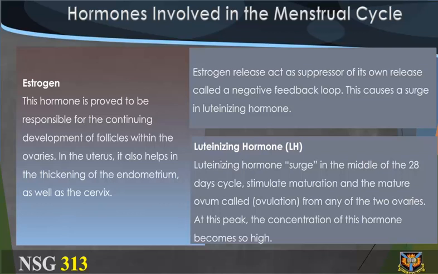Luteinizing hormone, LH. The luteinizing hormone surge in the middle of the 28-day cycle stimulates maturation and the release of the mature ovum, called ovulation, from either of the two ovaries. At this peak, the concentration of the hormone becomes very high.